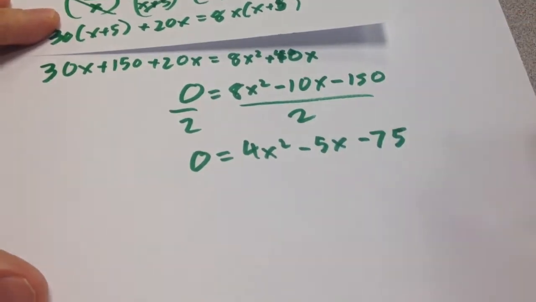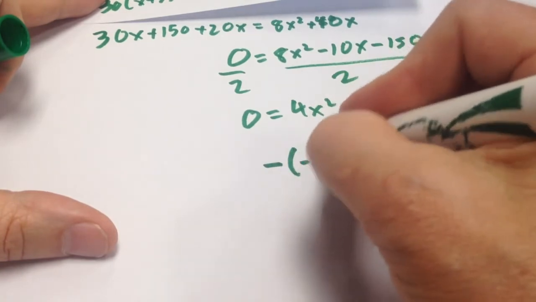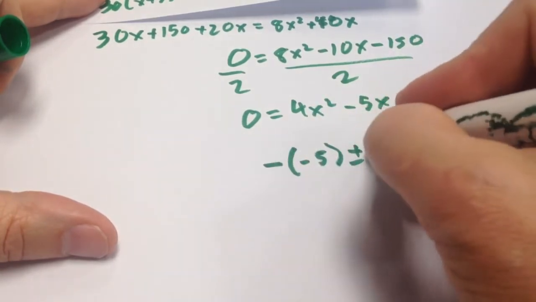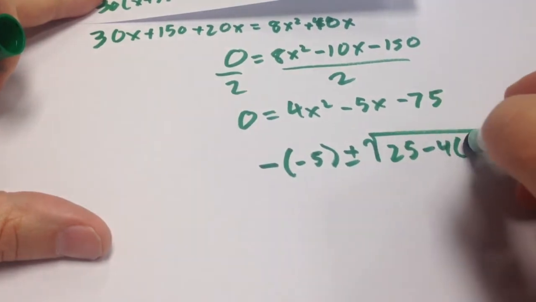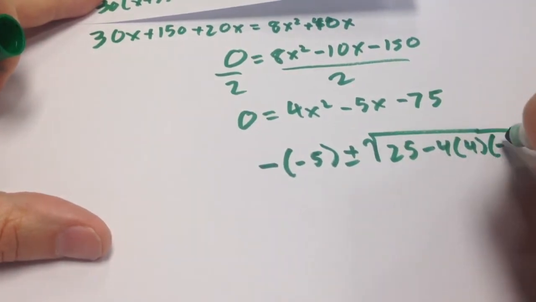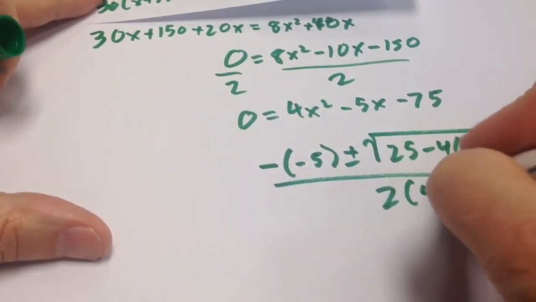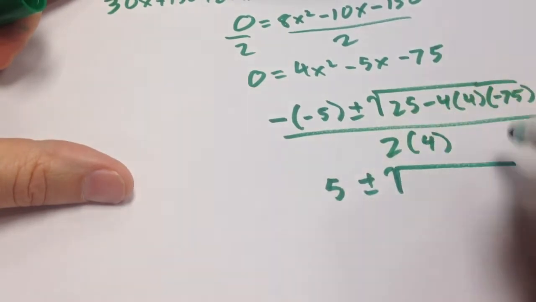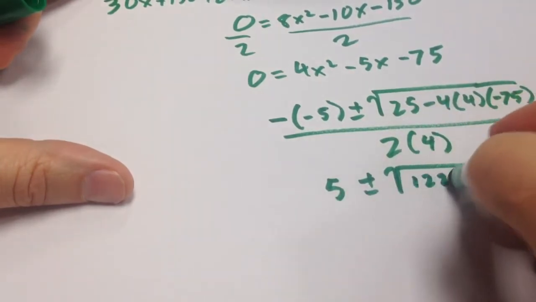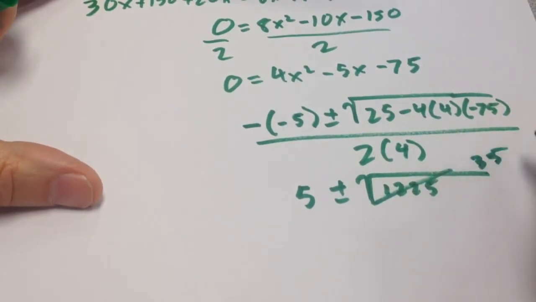So we're going to use quadratic. So the opposite of the negative 5, plus or minus the square root of negative 5 squared, which is 25, minus 4 times 4 is my a, negative 75 is my c, all over 2 times a. So this ends up being 5 plus or minus. When I evaluate all that, it's 1225, and then the square root of that is actually 35.